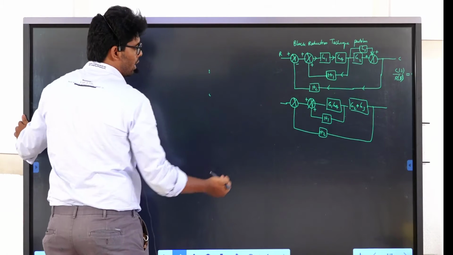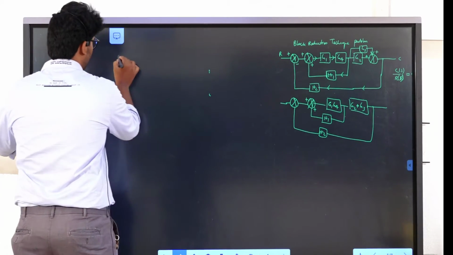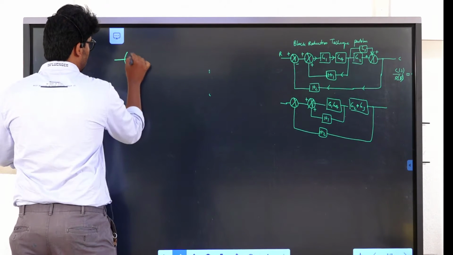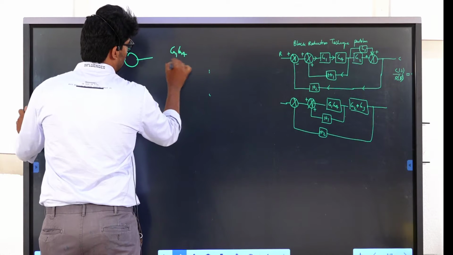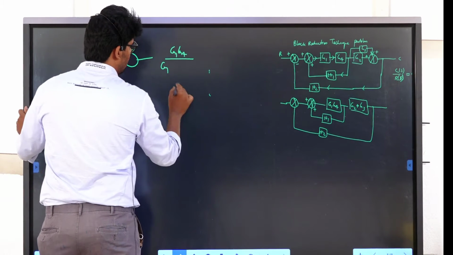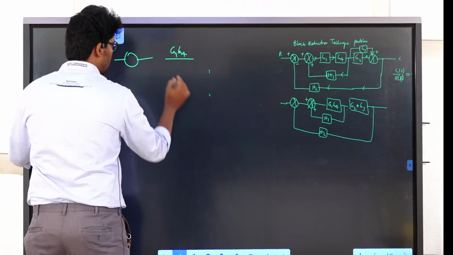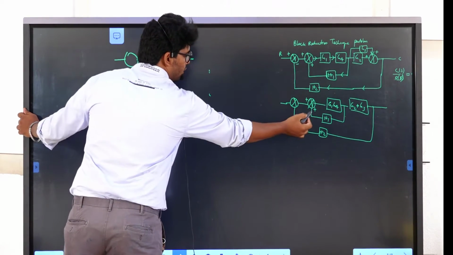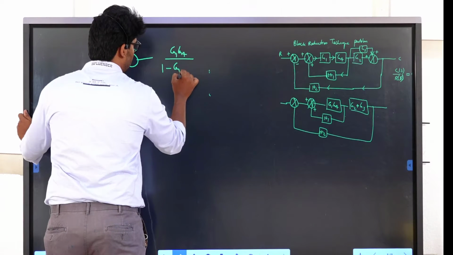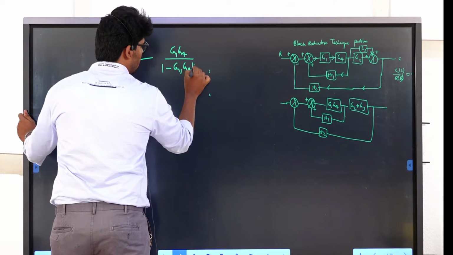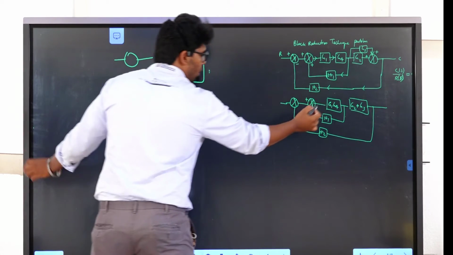If we have a function G of S, I reduce that block like this: G1 G4 divided by 1, and since it is positive feedback, 1 minus G1 G4 H1.